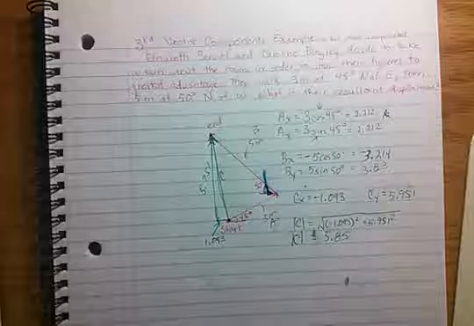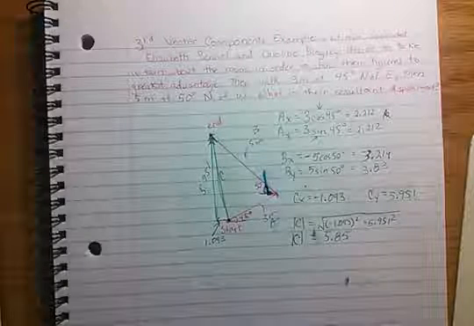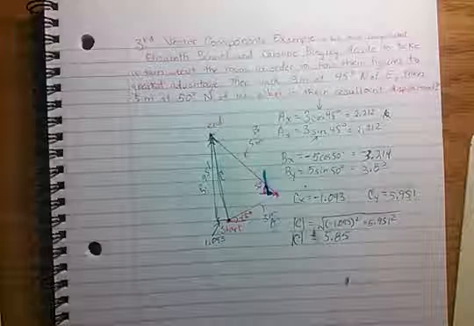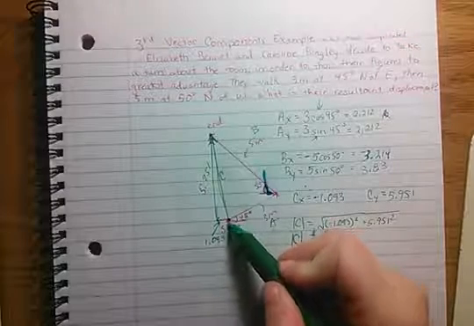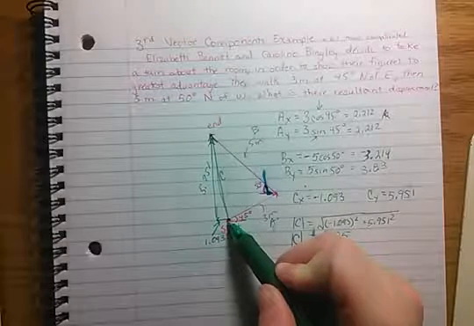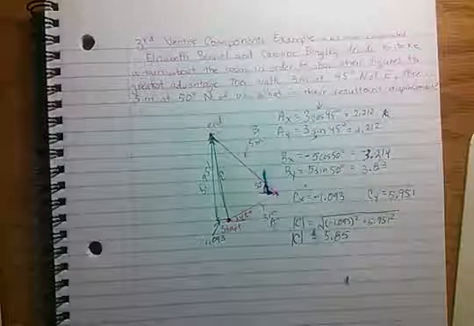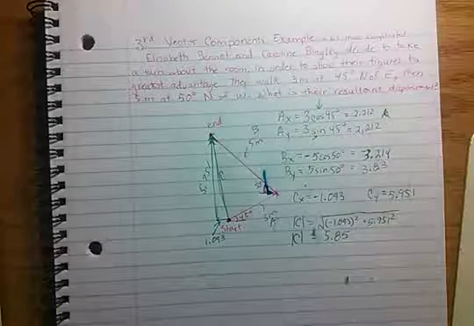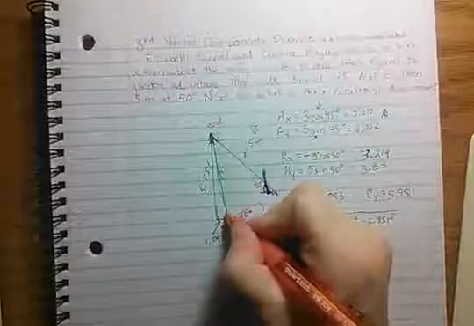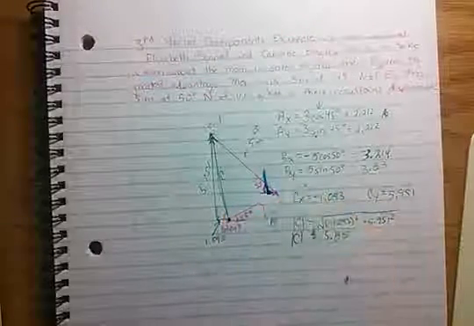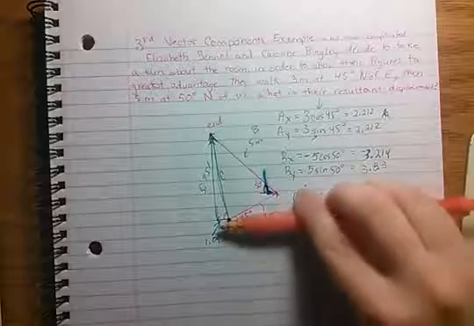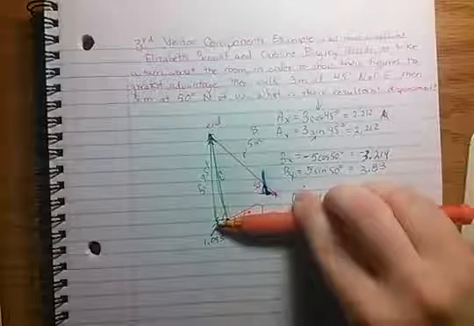Now, we have to be careful about the angle here. Essentially, what we want to find is the angle between the starting position and where they end up. So that would be this angle here. Now, this is the western line.